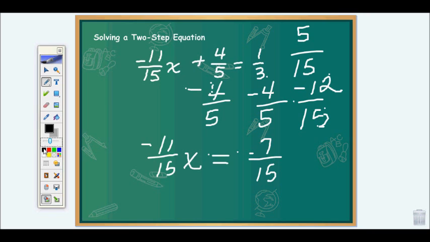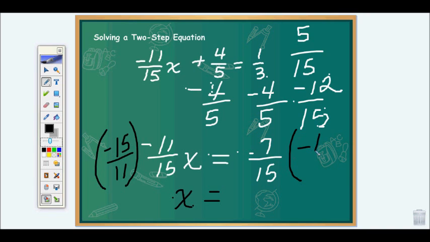To solve for a single x, I'm going to multiply by its reciprocal. That will give me x on this side. And I need to keep a balanced equation, so I'm going to multiply by 15 over 11 on this side.